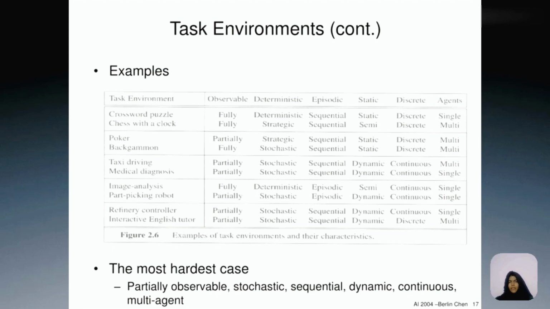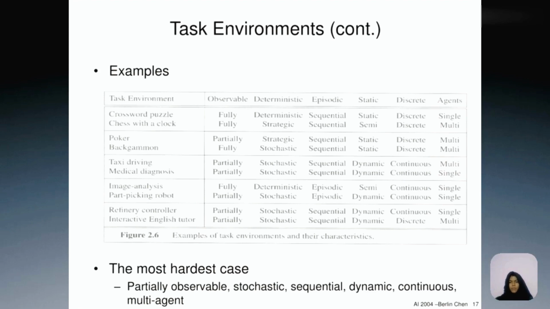The next step is task environments. Here are some examples of task environments, such as crossword puzzle, chess with a clock, poker, backgammon, taxi driving, medical diagnosis, image analysis, part picking robot, refinery controller, and interactive English tutor, for which the properties are given: observable, deterministic, episodic, static, discrete, and the number of agents.